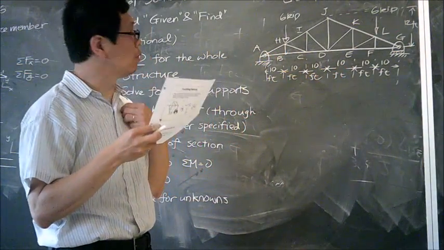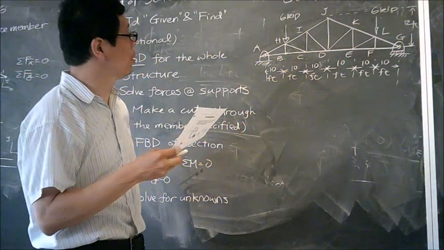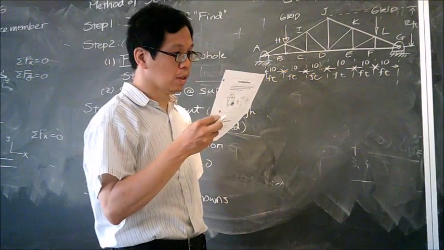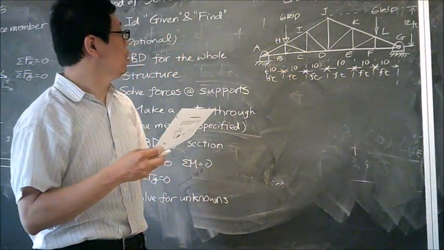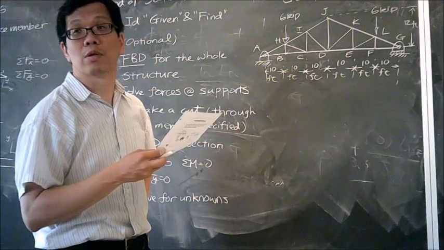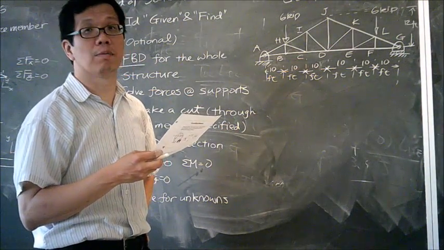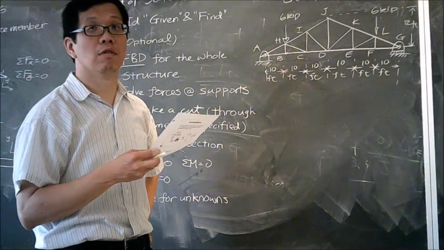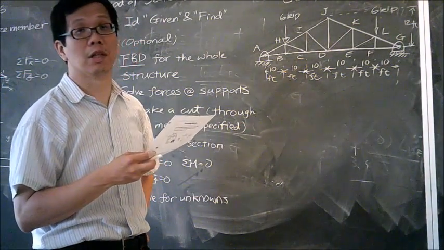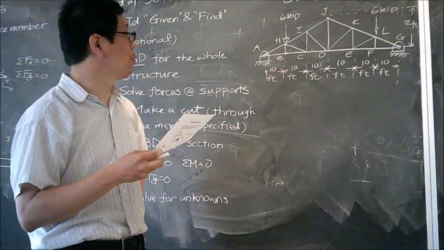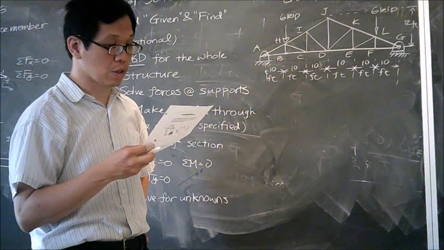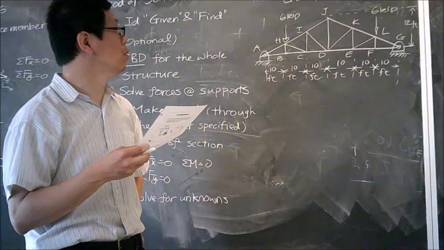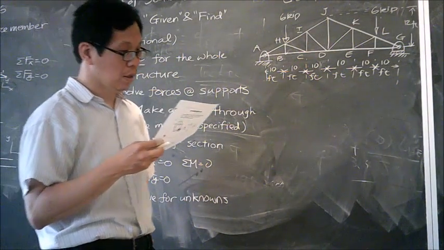Okay, so this is the configuration of the structure of the truss that is given in this example. Obviously, it's a lot of members, and if you try to solve the problem using method of joints, it's going to take you a few pages before you get everything done. So for this kind of problem, if we are only interested in a specific member, then we're probably not going to do something like that.